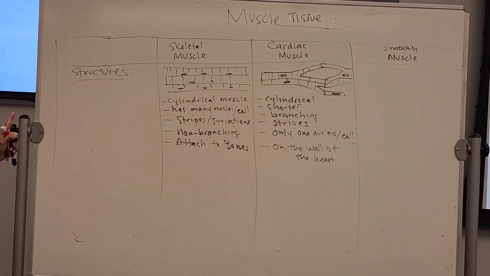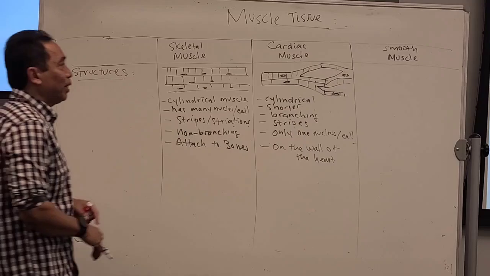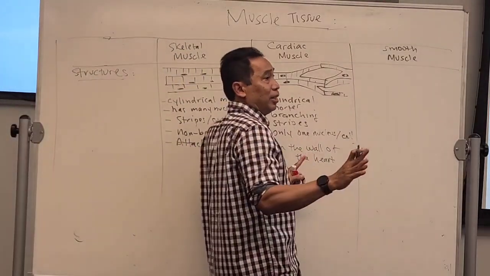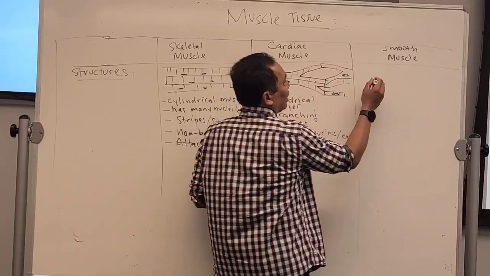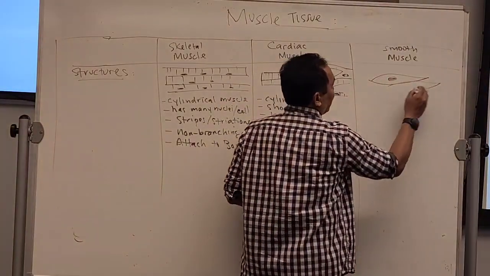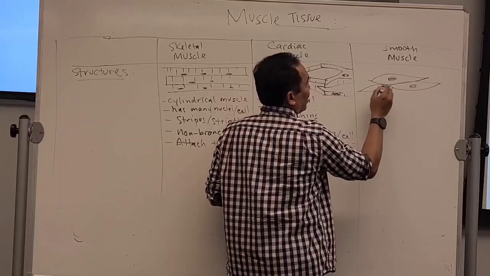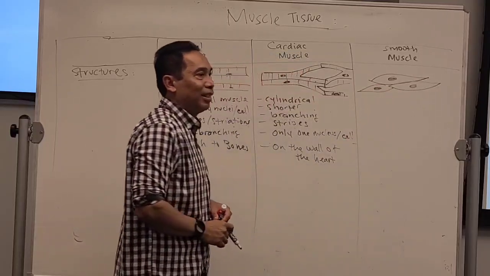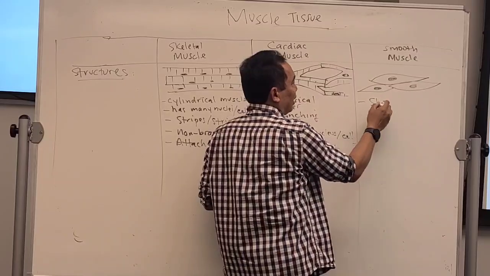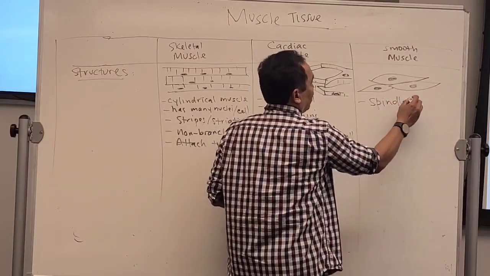You with me? Okay. The next one is smooth muscle. How does it look? It is not cylindrical anymore. It looks like this. Let's say this is another one over here. So the shape looks like a spindle. That's why it's called spindle muscle.